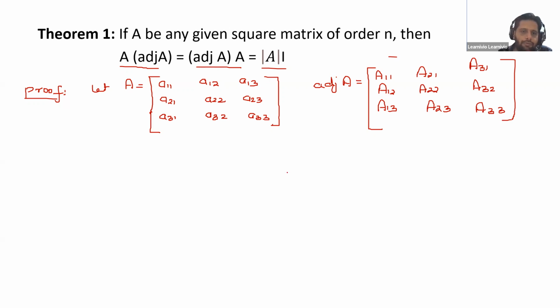Next, we will multiply A into adjoint of A. Okay, so this will be equal to what?